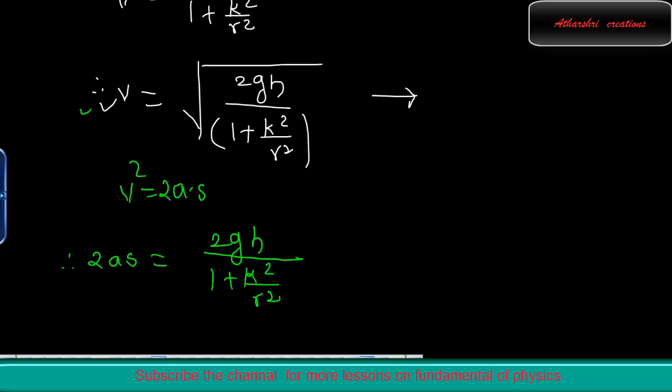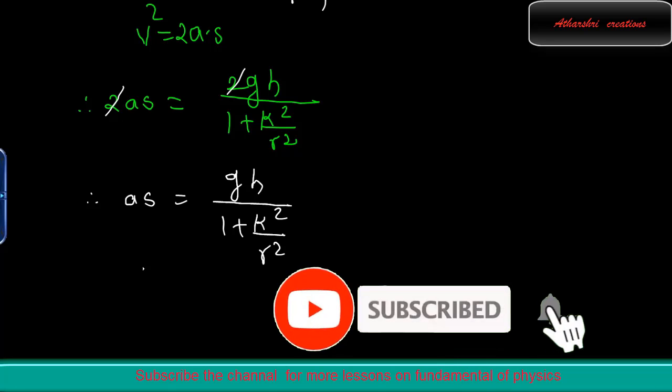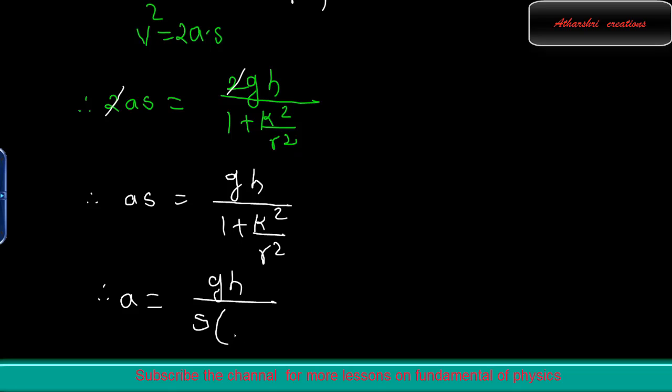These two get cancelled. The equation becomes a s equal to gh divided by 1 plus k square upon r square, or we can write this acceleration a equal to gh divided by s in bracket 1 plus k square upon r square.